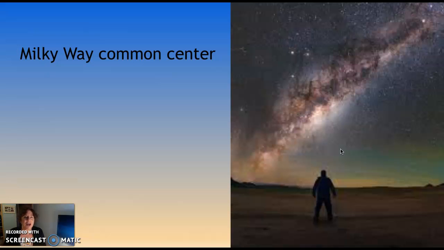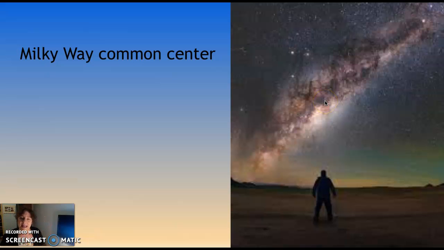A fantastic shot. Sometimes you can get this out west, and you can see here the Milky Way galaxy. We're looking at the common core there, the common center that you see right in here, and we are way out from it.